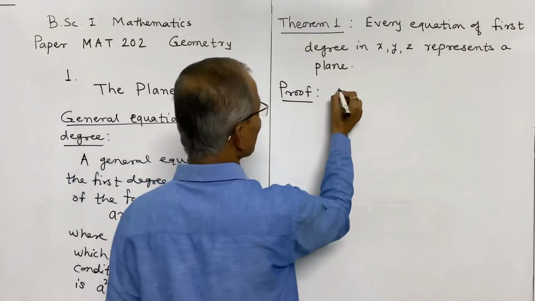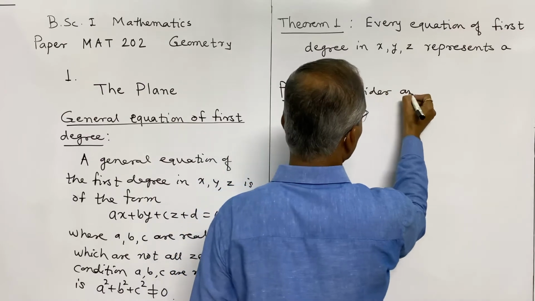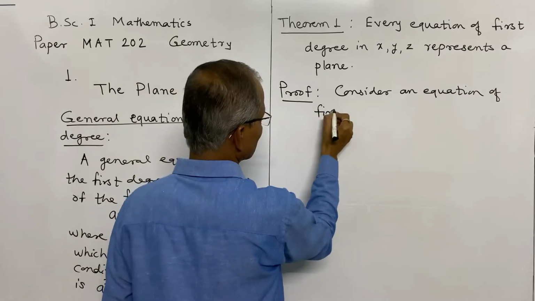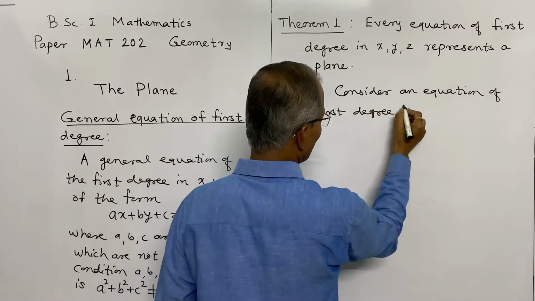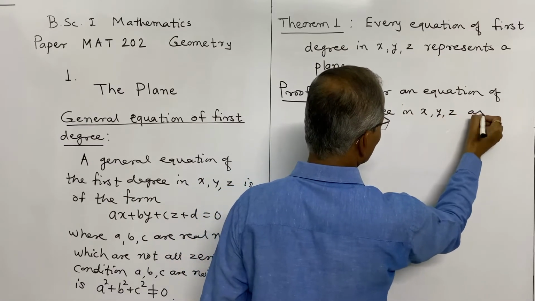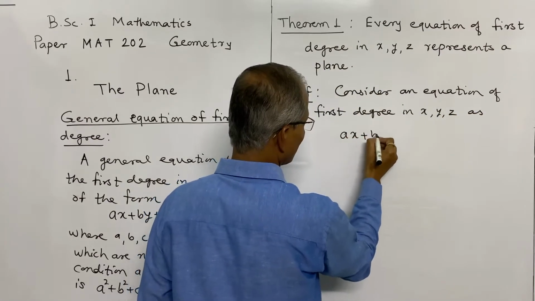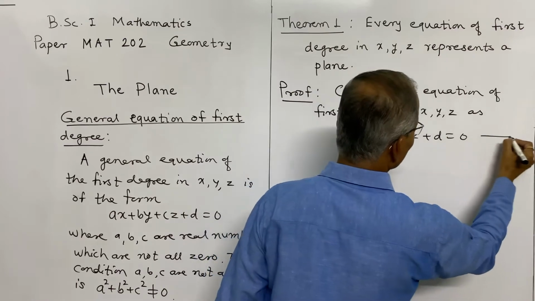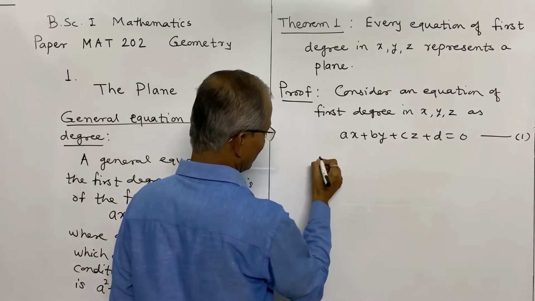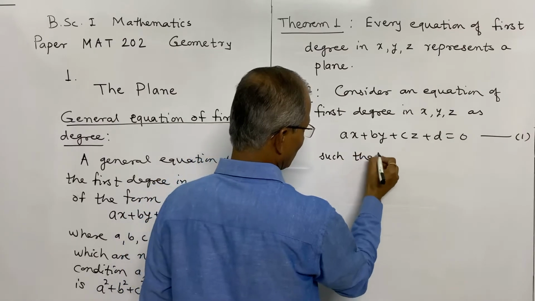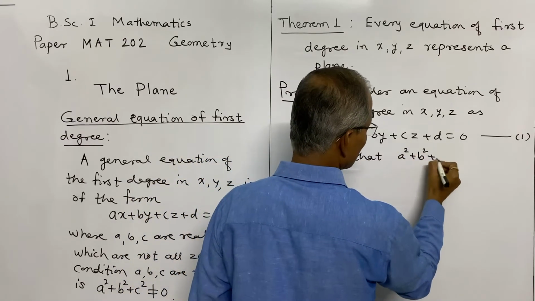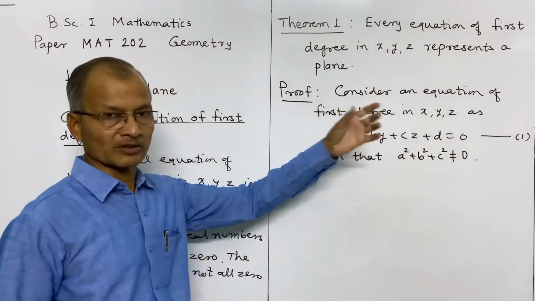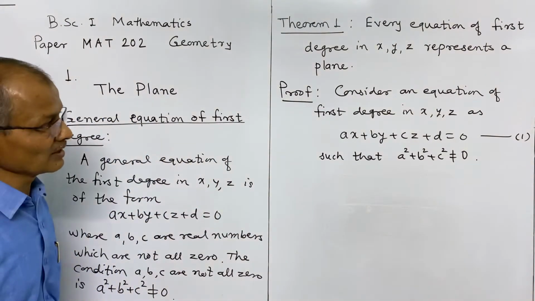So consider an equation of first degree in x, y, z as ax plus by plus cz plus d is equal to 0, and we will call this 1, such that the condition is a square plus b square plus c square is not equal to 0, so that a, b, c are not all 0, and thus this is the equation of first degree in x, y, z.